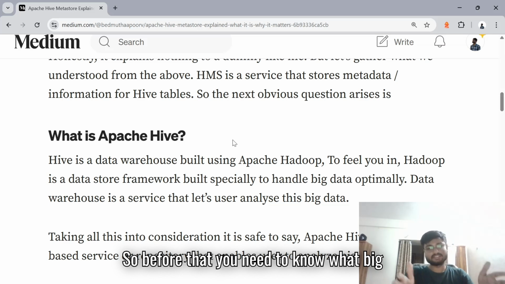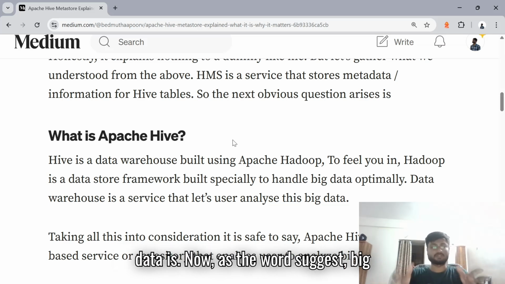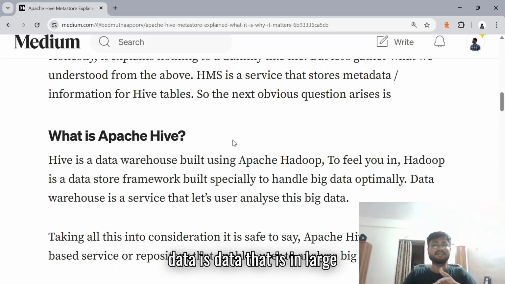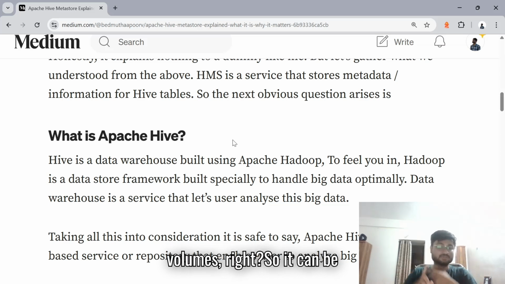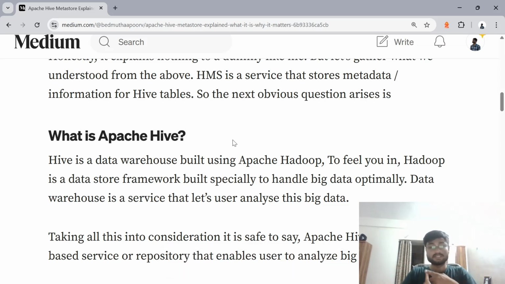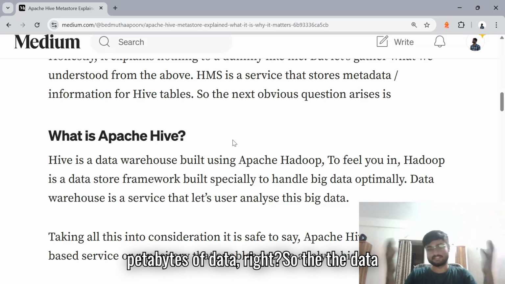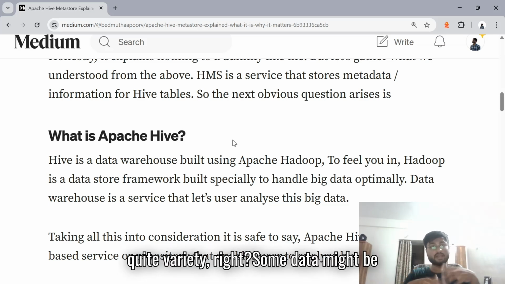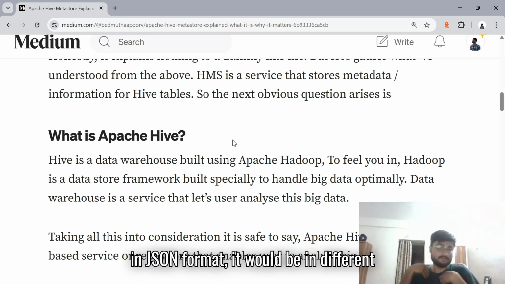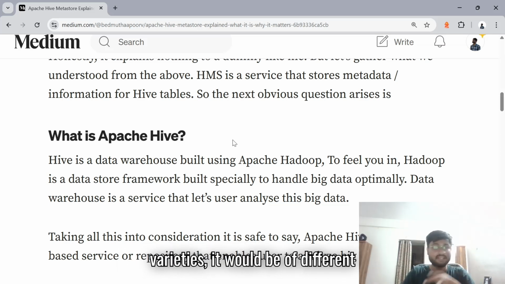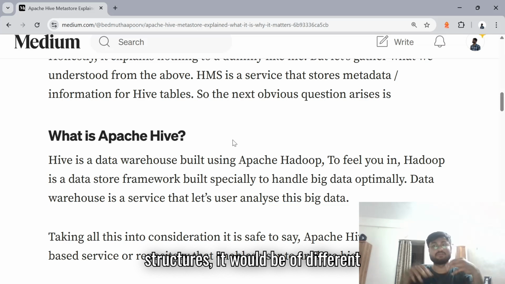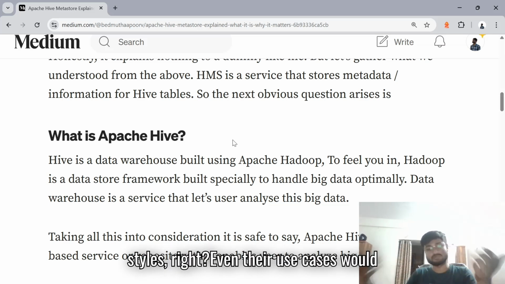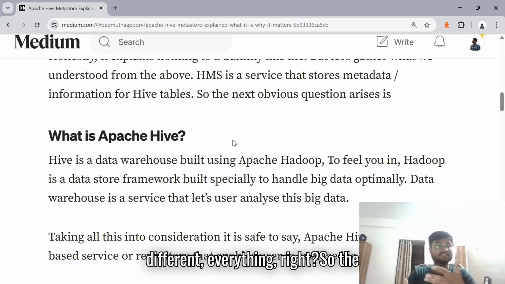Before that, you need to know what big data is. As the word suggests, big data is data that is in large volumes. It can be petabytes of data. The data is of quite a variety. Some data might be in JSON format. It would be of different structures, different styles, even different use cases and different sources.